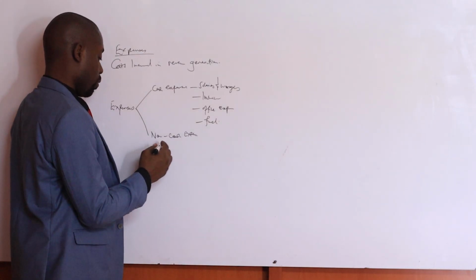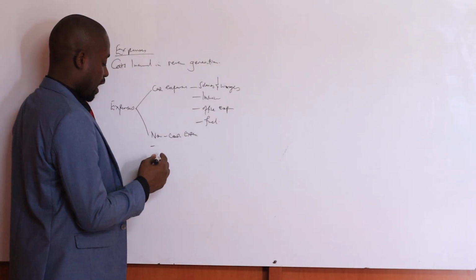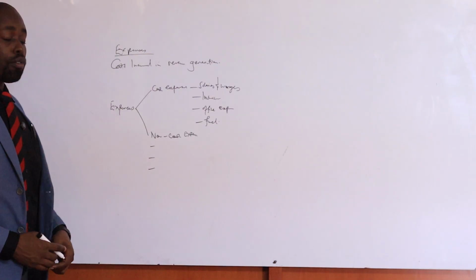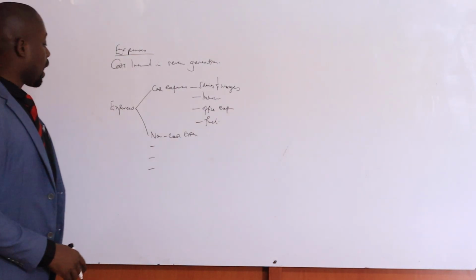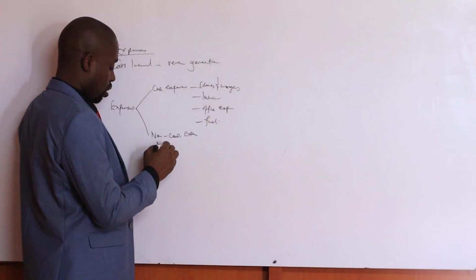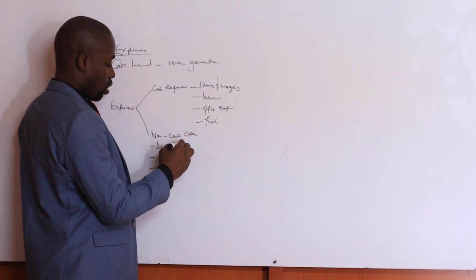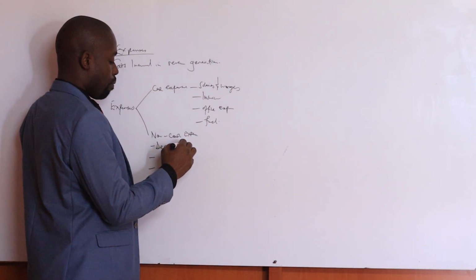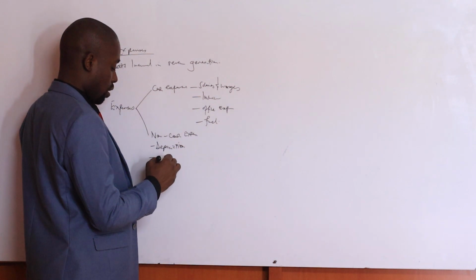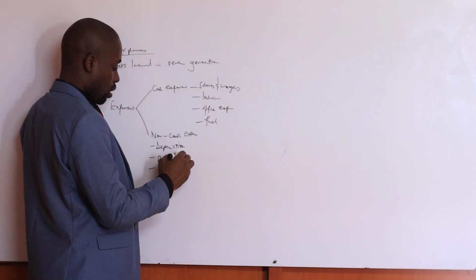Non-cash expenses are those that we cannot prove cash movement out of the business. Examples are depreciation. Depreciation is a loss on an asset, but we never pay anybody cash for that. Number 2 is bad debts.